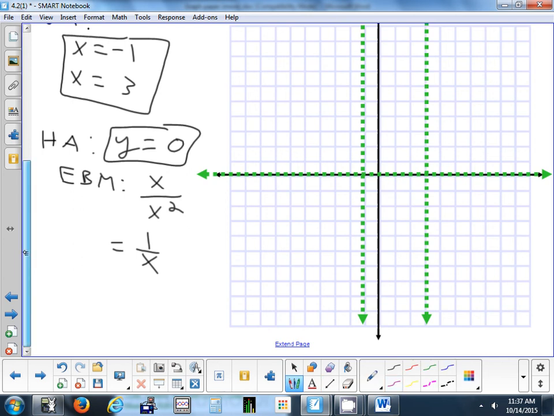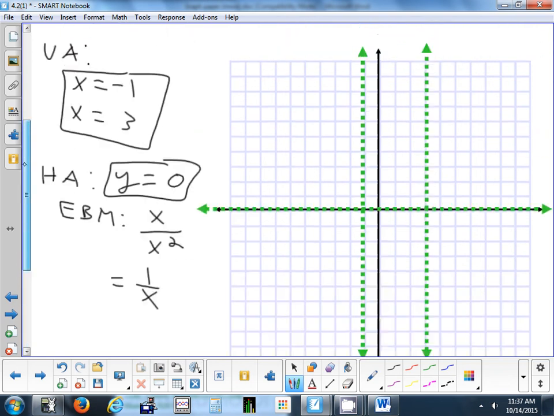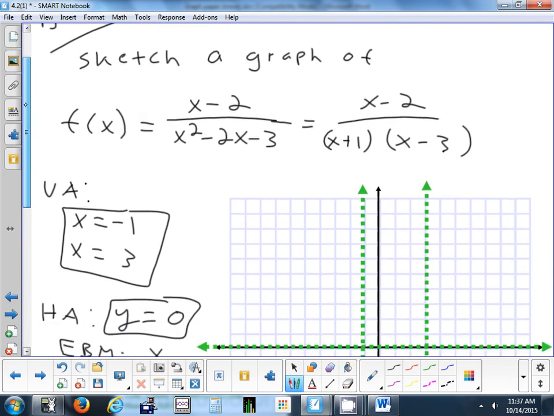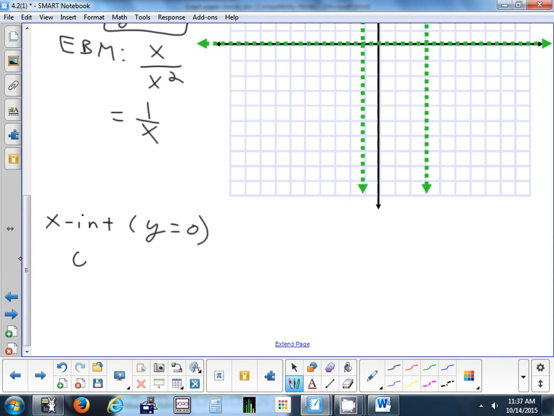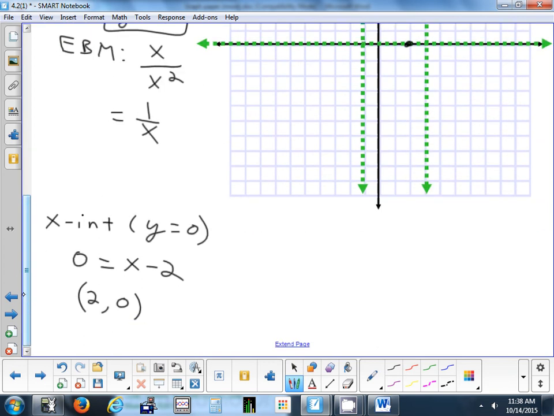Okay, next I'll find my x-intercepts. The x-intercept is when you set y equal to 0, or basically just let the numerator equal 0. So in this case, it'd be 0 equals x minus 2. Or in this case, my x-intercept is (2, 0). Okay, and last thing I'm going to graph for a point is my y-intercept.